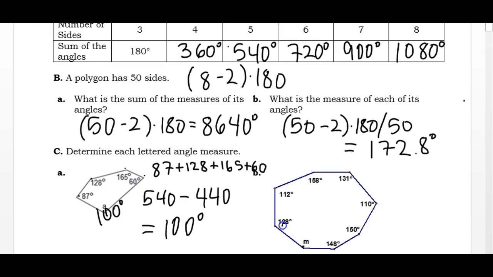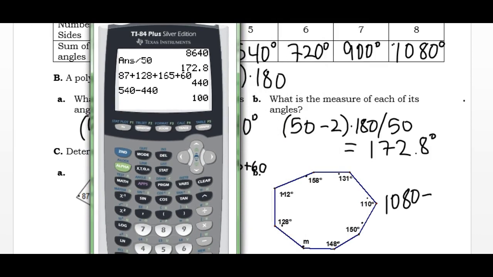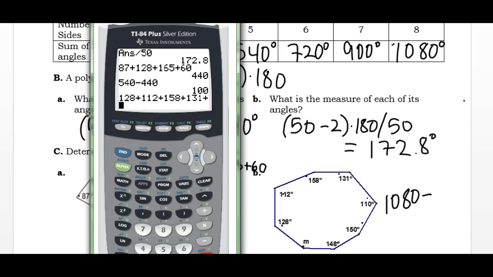I see 1, 2, 3, 4, 5, 6, 7, 8 numbers. 8 numbers should add up to 1,080 degrees. So I'm going to add up the 7 that I already have, and then I'll do 1080 minus that number. Okay, I got 128 plus 112 plus 158 plus 131 plus 110 plus 150 plus 148.